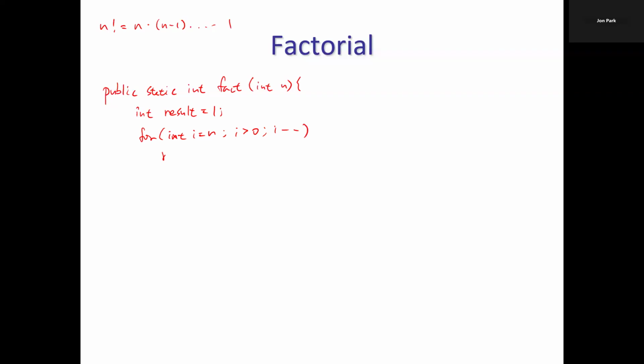And I just multiply i to result. And then once the loop is over, I've multiplied all n numbers. So I'm just going to return that.